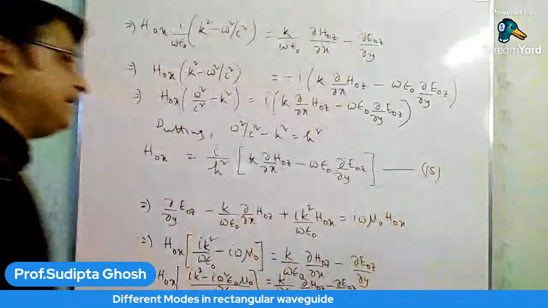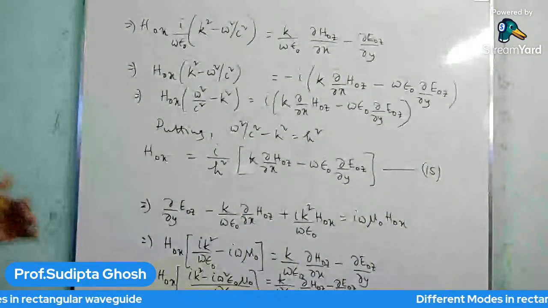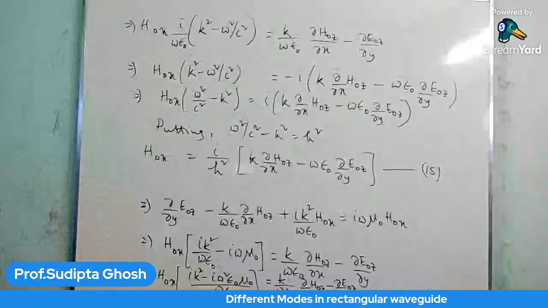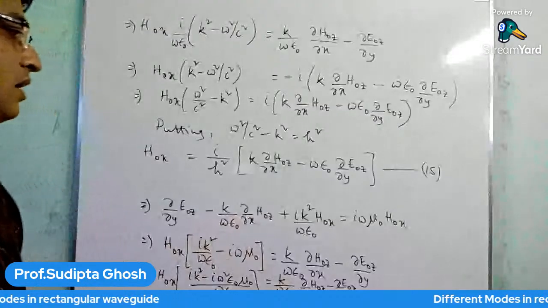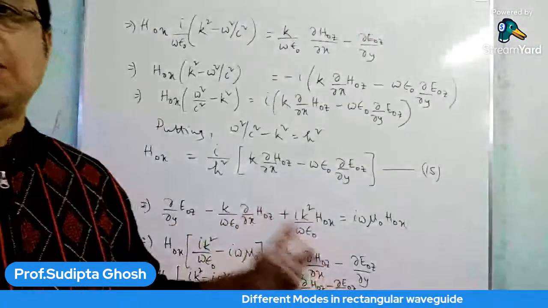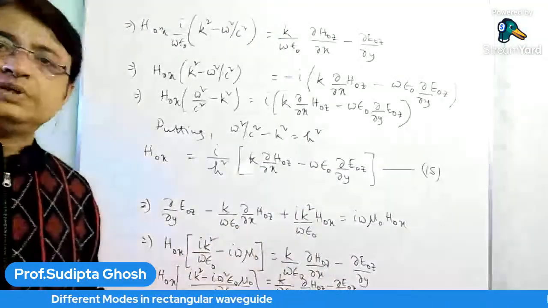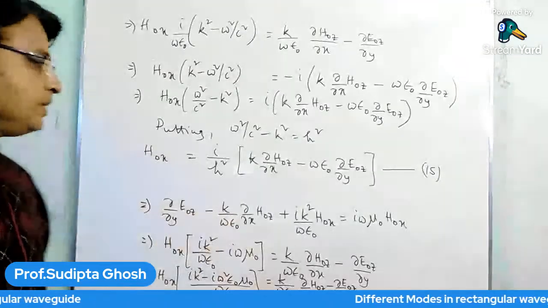So as you can see, if you are going to derive these values, that is HOX, then HOY, EOX and EOY, the four components, you have to give a lot of time. So don't bother to derive these four independent values.